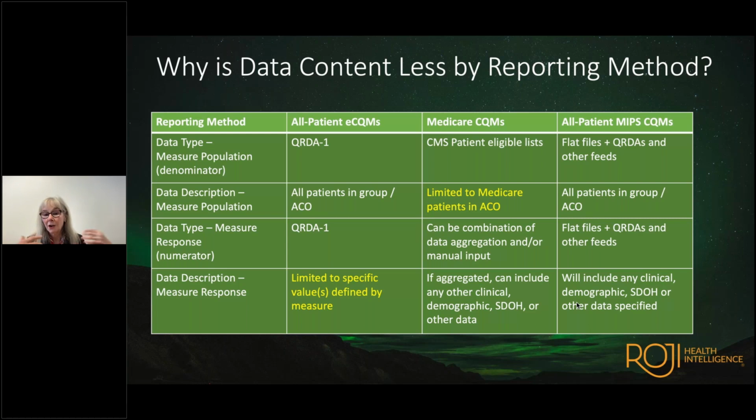No matter how we aggregate it from our client organizations, we are collecting all clinical data and all across the entire year. And then, of course, the all patient is the same kind of data, but you don't have a limit on the number of patients.